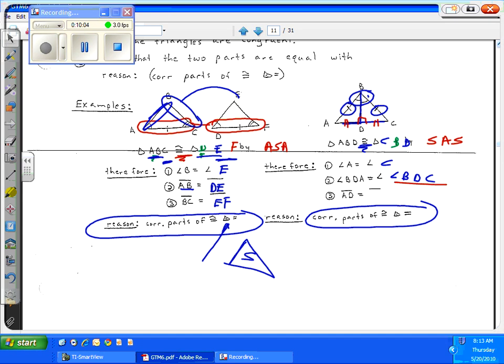So we could conclude this by the isosceles triangle theorem. We could also conclude that AD is equal to CD by the isosceles triangle theorem, but we could also reach all of those conclusions by corresponding parts of congruent triangles are equal. Okay.